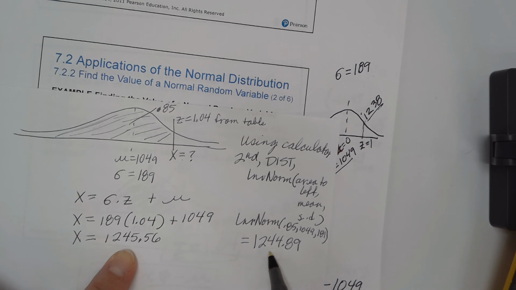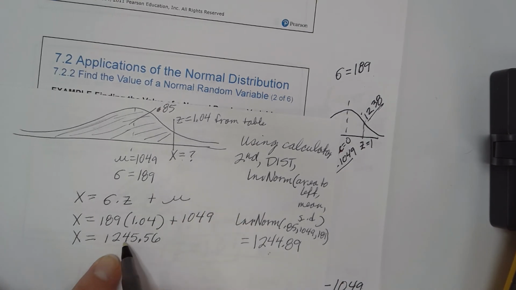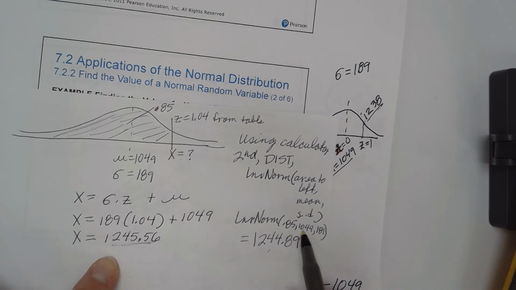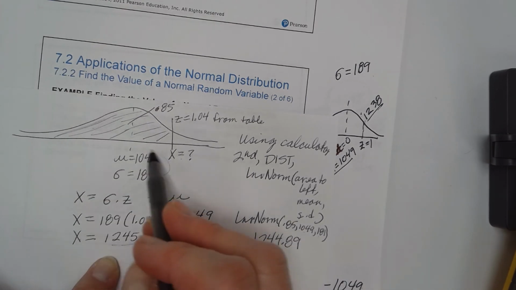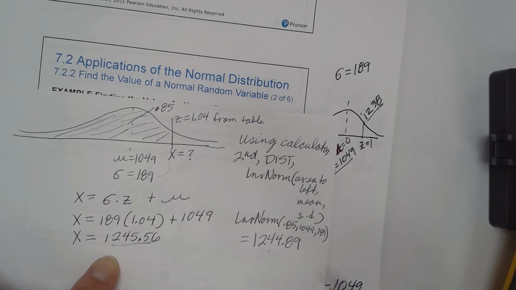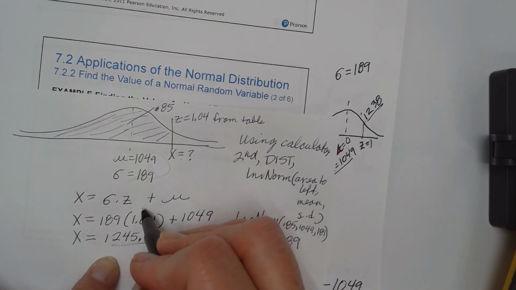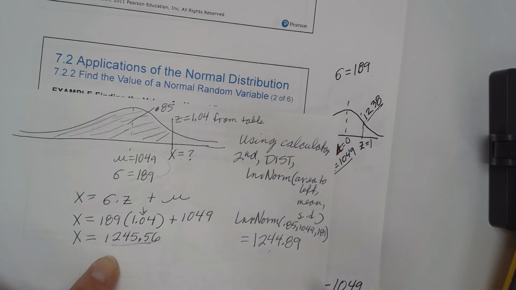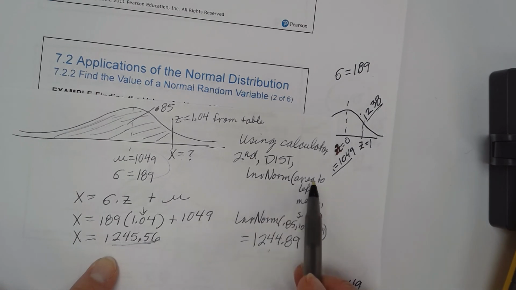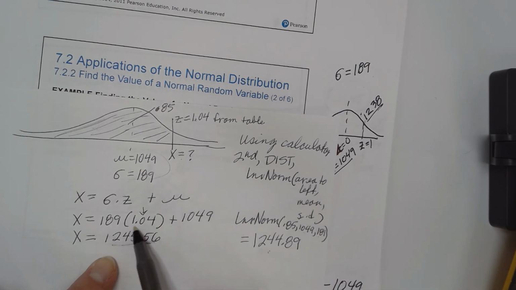Okay, so what that gave me is the cut score, because I entered the X value in there, the mean and standard deviation for the X value. Okay, if you wanted to specifically find the Z-score, then you would also use inverse norm, but for the mean and standard deviation, you would put 0 and 1, and that would give you something close to 1.04.